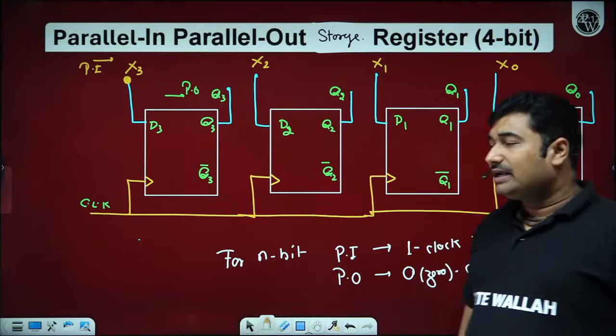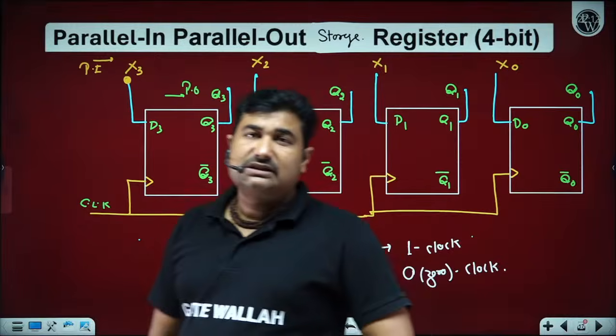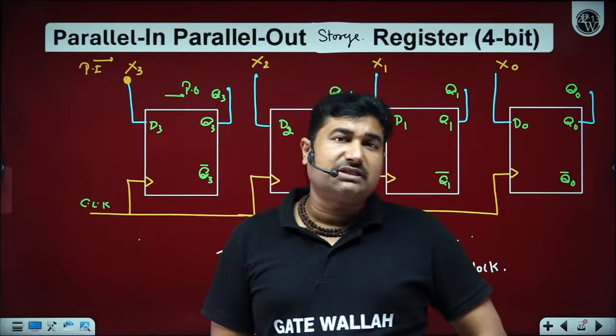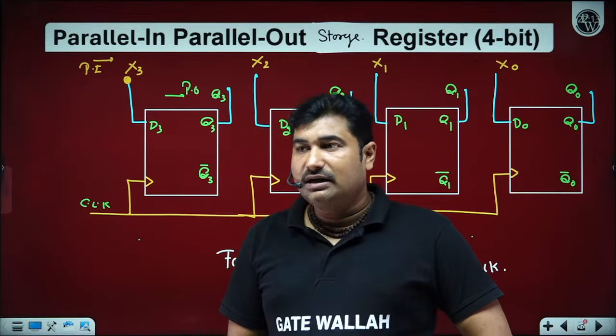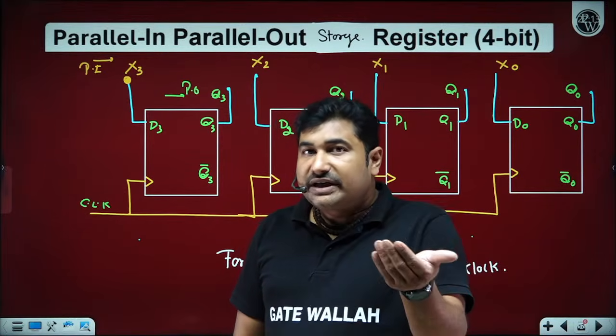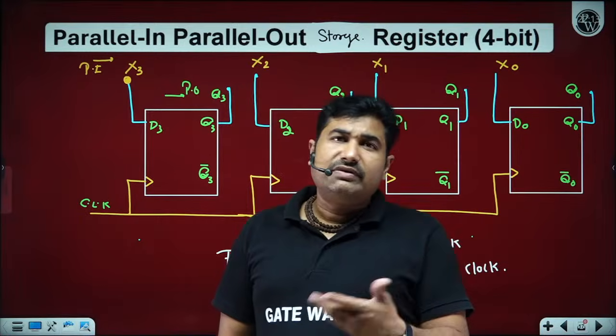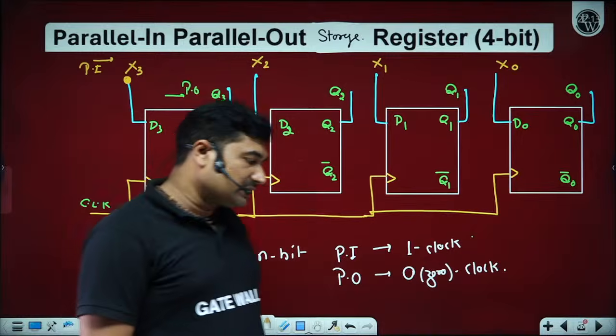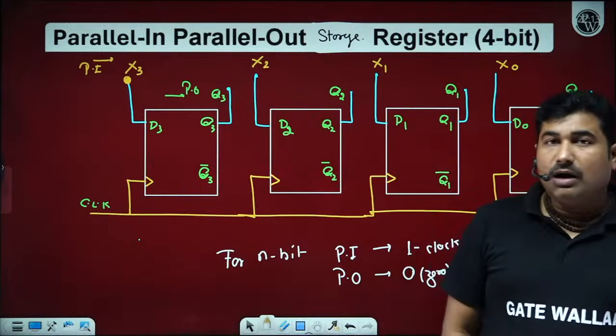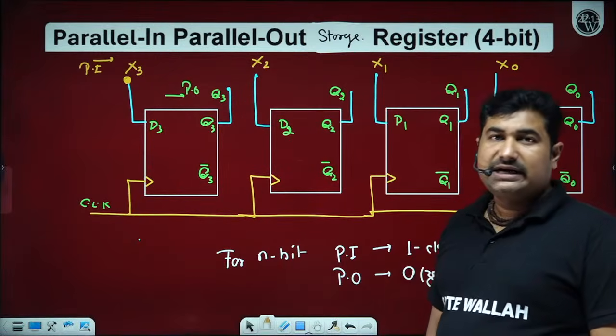See, there are different purposes of the registers. If the purpose of the register is to store the data, and we are not in a mode of shifting operation, then we will use a PIPO register, that is parallel in parallel out register, because our objective is to store the data only and retrieve the data only.